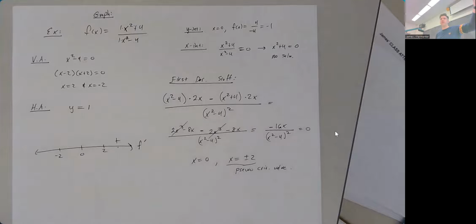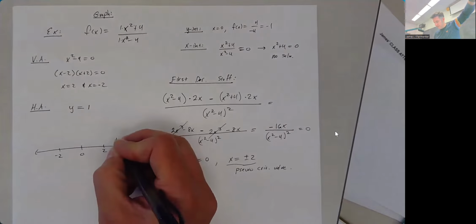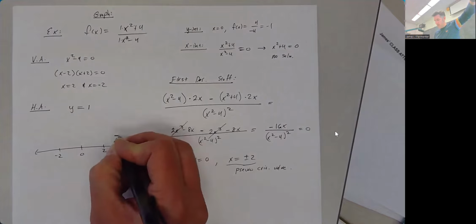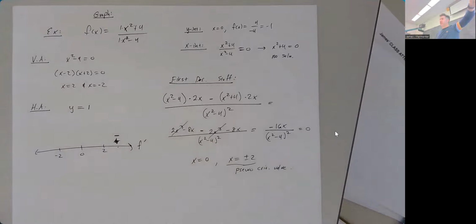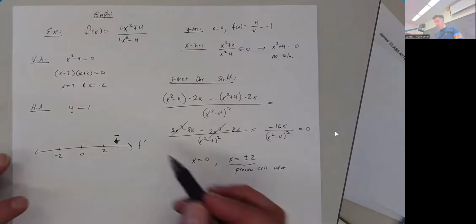What do you think? Positive, negative. Send me some thumbs. It's definitely negative over here. I wrote positive because I was saying words and trying to write the other words. I obviously can't say positive when I'm trying to write negative. It's definitely negative over here, right?